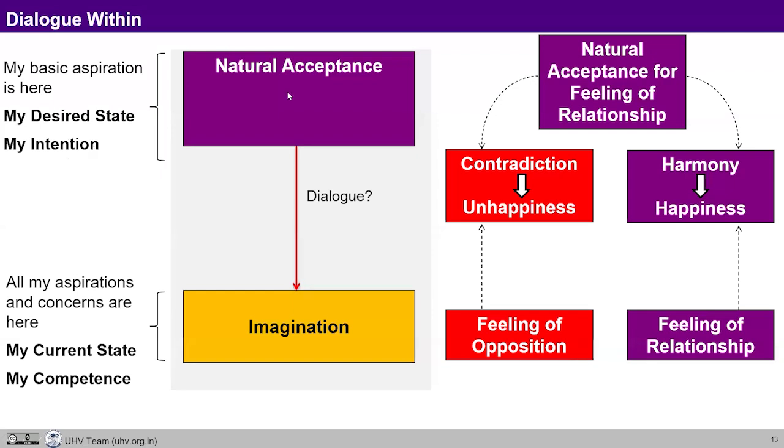So you can say that this is my basic aspiration, the desired state. This is my intention, but the imagination is my current state, my level of competence at this point of time. So is my natural acceptance guiding the imagination or not? So maybe we can look at this more closely so that the new kind of schematic representation is clear to us.